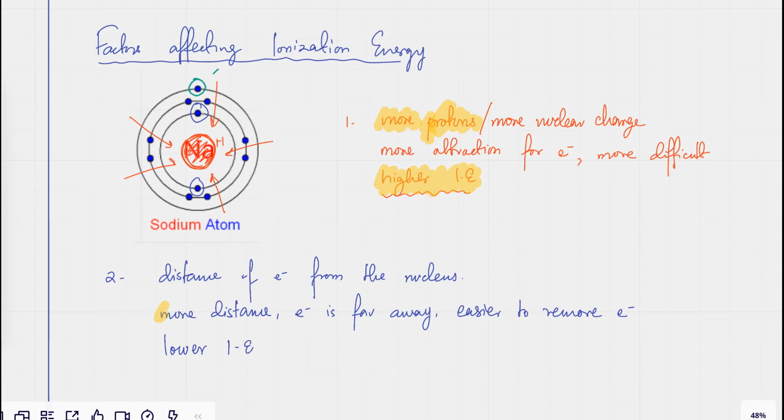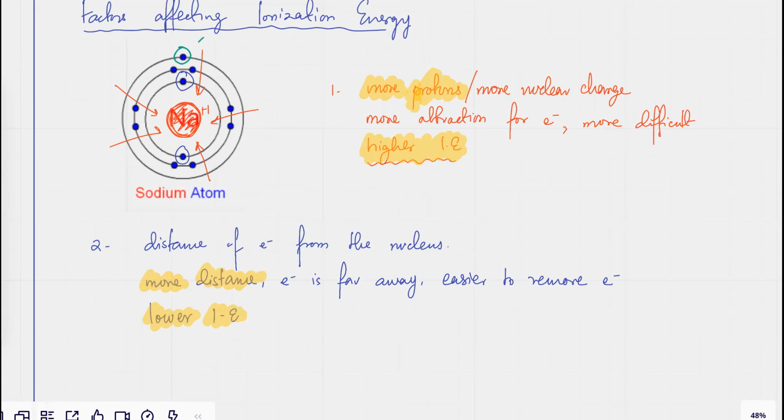Not a lot of energy would be needed to remove that electron. That would be kind of easy to remove. But if the electron is really close to the nucleus, then the nucleus would be holding on to that electron very strongly, and it's going to become quite difficult to remove that electron. TK, is this clear? Yes.